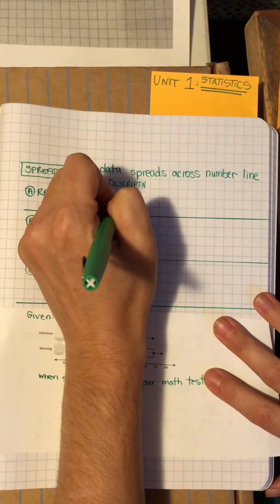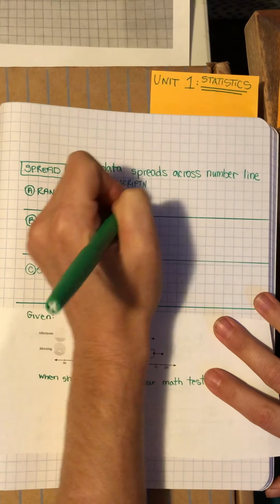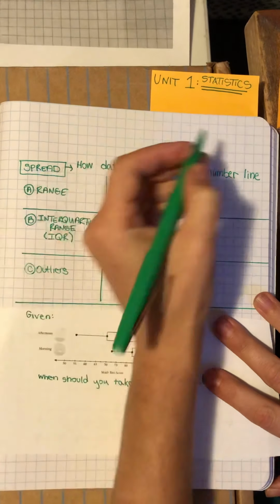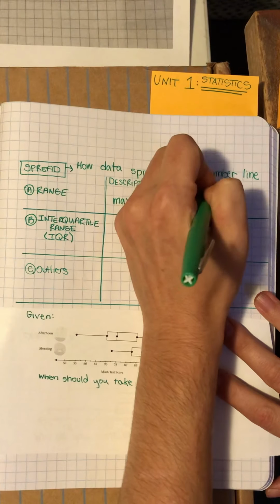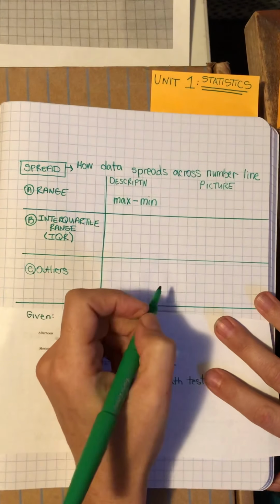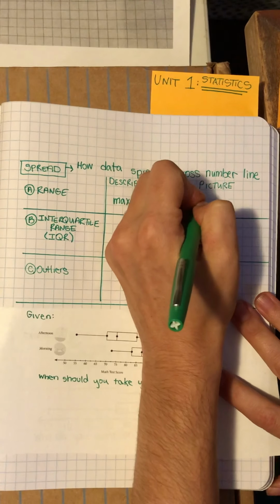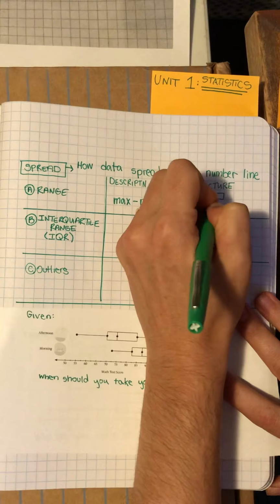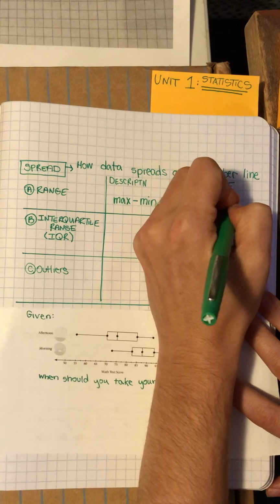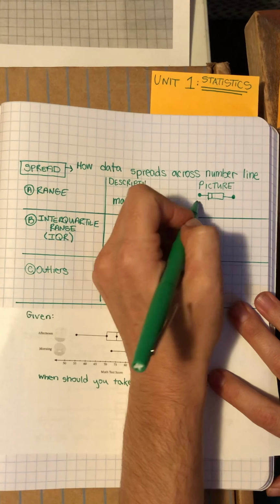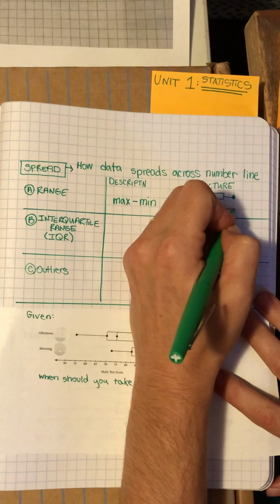So we have max take away min, and if you need the picture or the image, you've got some box and whisker plot of whatever shape, and your range is from the two whiskers.